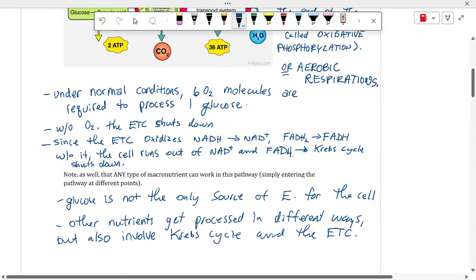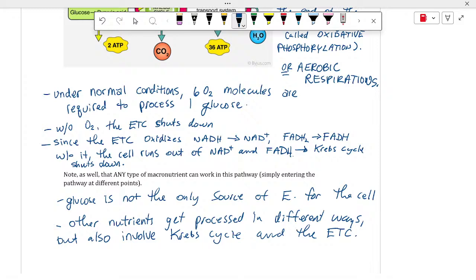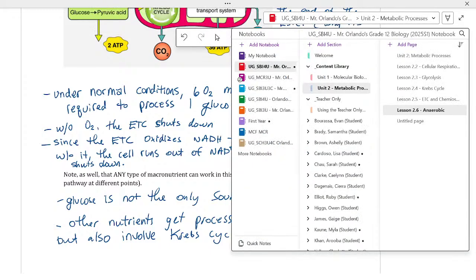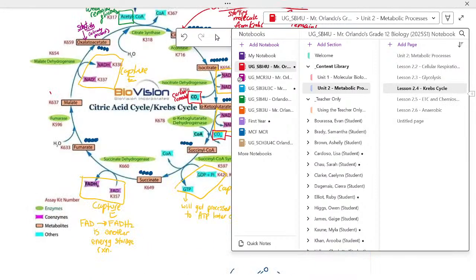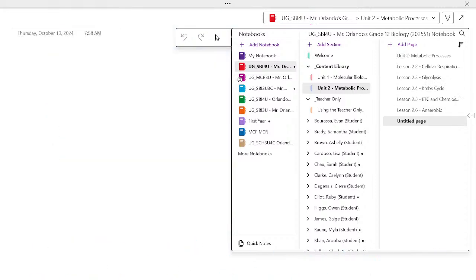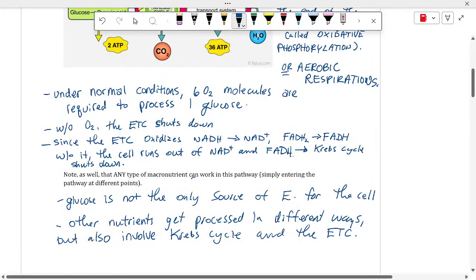Yep. Sorry. All the other previous notes just say it's FAD to FADH2. Well, now you're causing me to stress out. Now I'm going to go double check. Now I feel stupid. Let's check the previous note, then we'll know. Yeah, it's just FAD. See, I had it, and then somebody told me I was wrong.